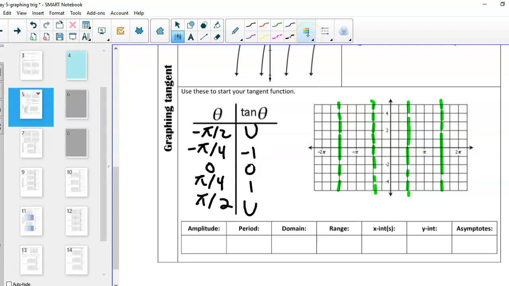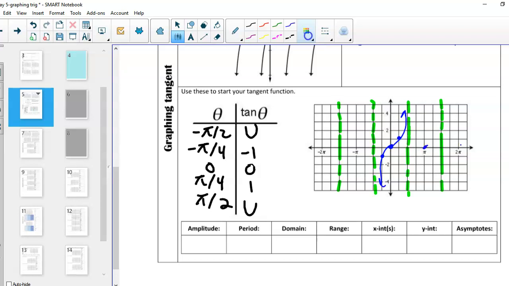So each line is a pi over 4, so negative pi over 4, negative 1 would be here, 0, 0, and then pi over 4, 1 would be here. And because this has asymptotes, it's going to go off towards those asymptotes. And this is going to be a bunch of mini cubic functions. And then the pattern repeats itself.